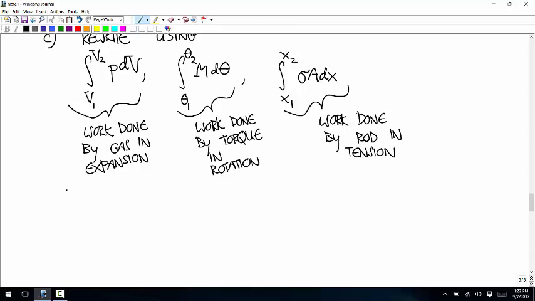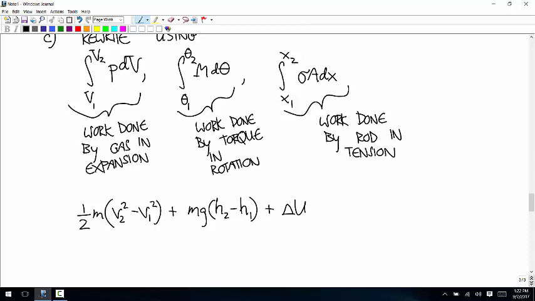And so this equation now, we have the kinetic energy, so 1/2 times the mass times V2 squared minus V1 squared, plus mg times H2 minus H1, plus the change in internal energy, is equal to Q minus, and now the work can be broken up into all these pieces.